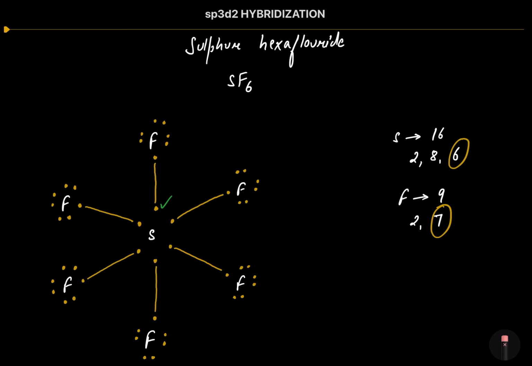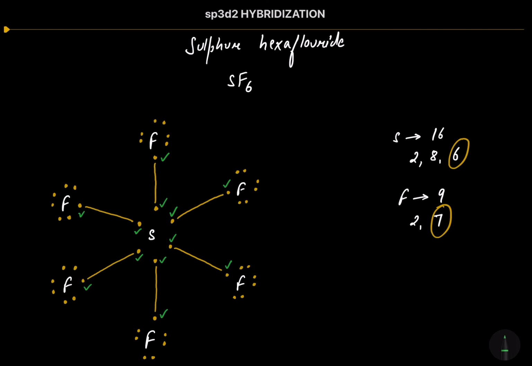Now, let's count the number of valence electrons of sulfur after the formation of 1-1 bond with 6 fluorine atoms. That's the first electron, second, third, and so on up to the 12th.